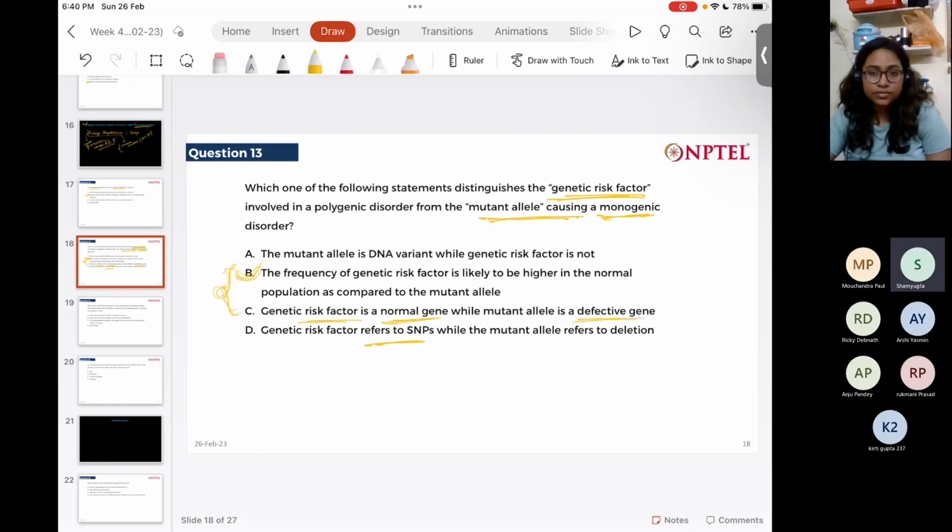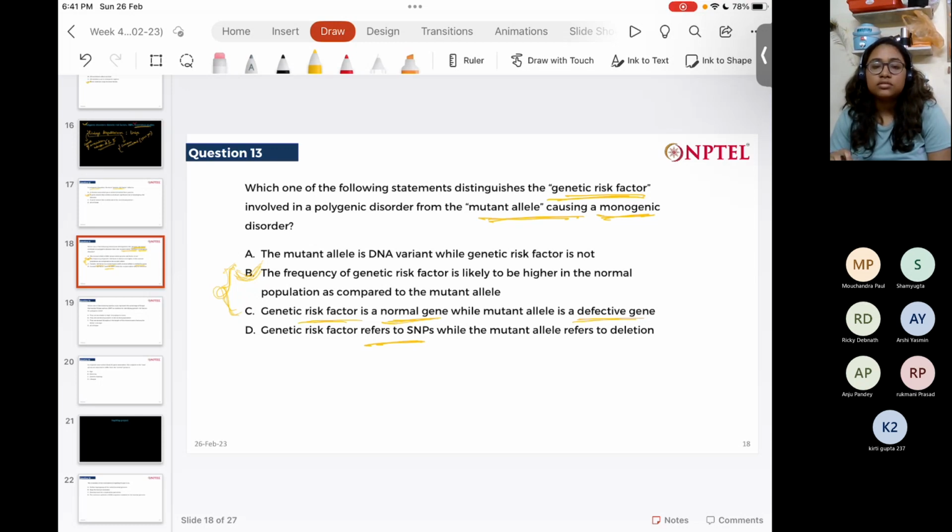Yes, ma'am. Can you repeat? I think option B is right, ma'am. I don't think C. Okay, so for option D, I said that the formation of a mutant allele doesn't necessarily have to happen through deletion. It can happen through other mutational events as well.